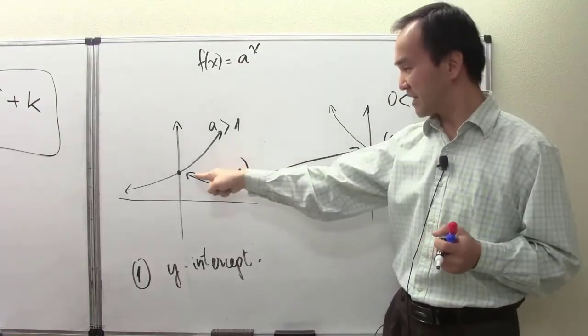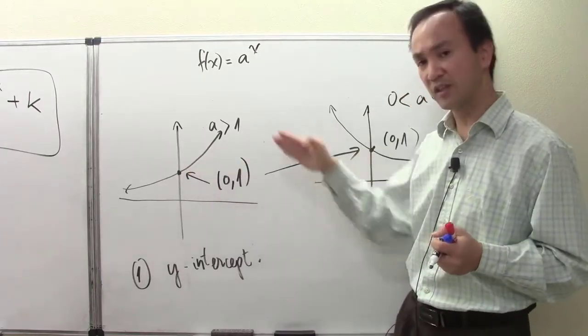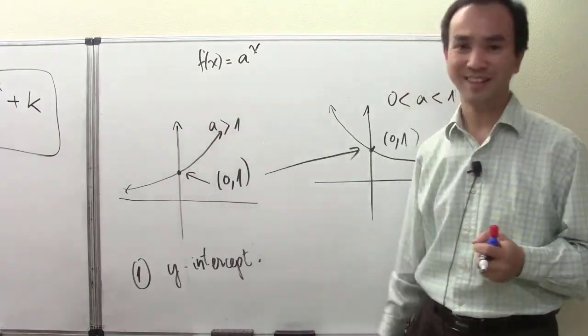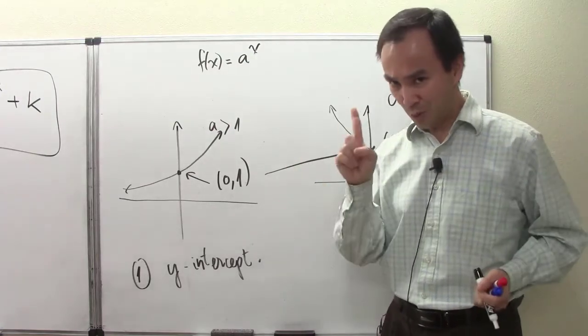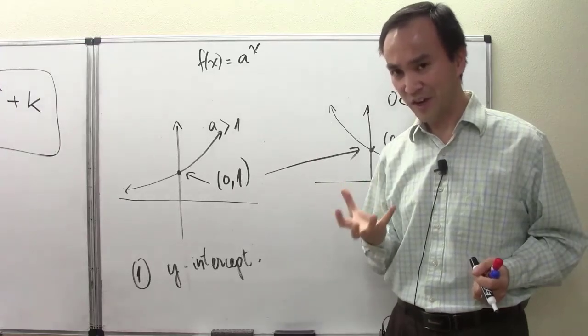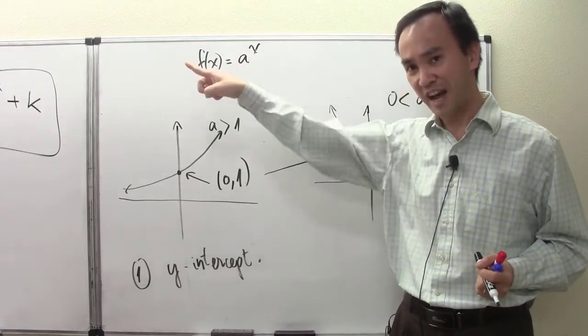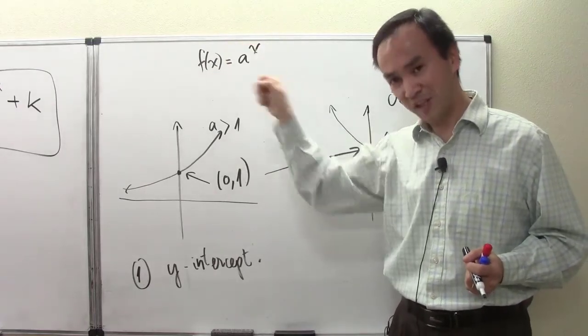Then the y-intercept, yes, is at (0, 1). It doesn't matter which shape it's going. And eventually we want to come up with the generalization regarding the form: constant coefficient times a to the x plus k.